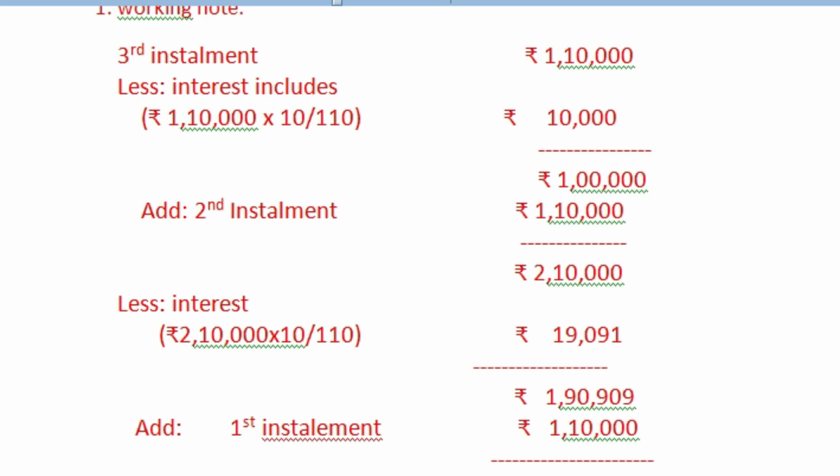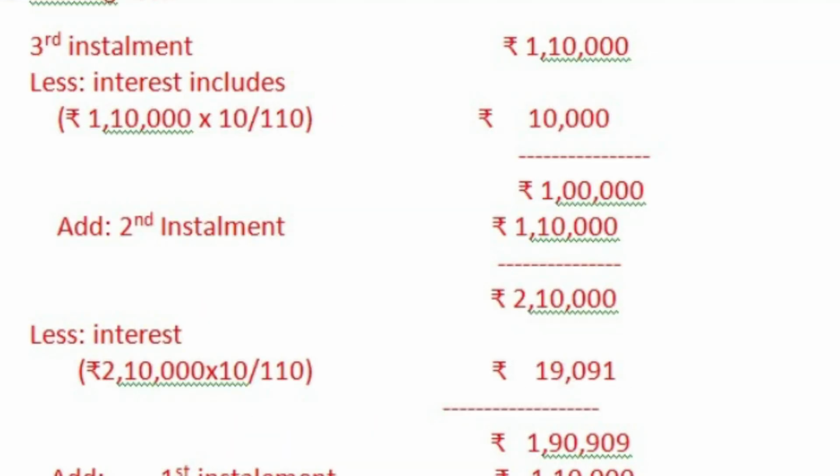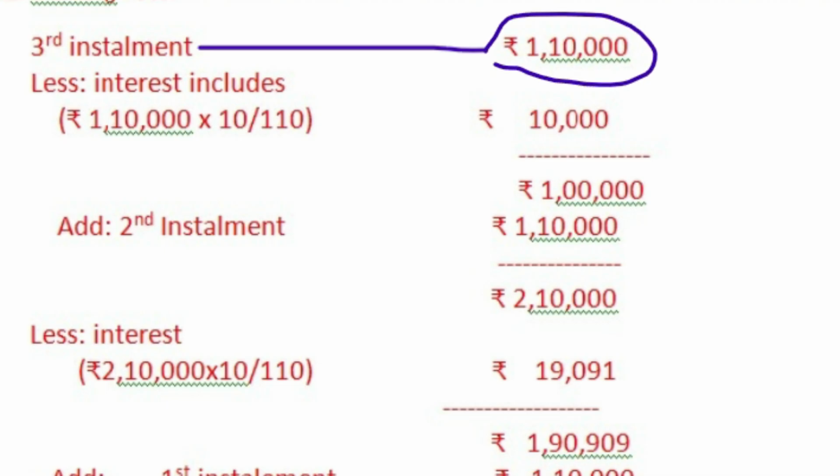When the cash price of the machine is not given, we start from the last installment. The last installment is the third installment. Always start with the last installment. Take the last installment less interest, then add the second installment less interest, then add the first installment less interest, then add the down payment.